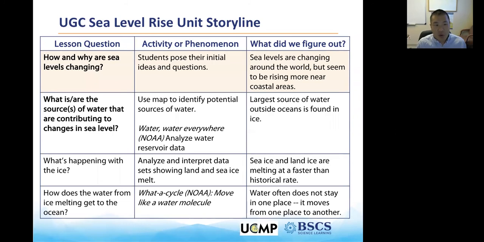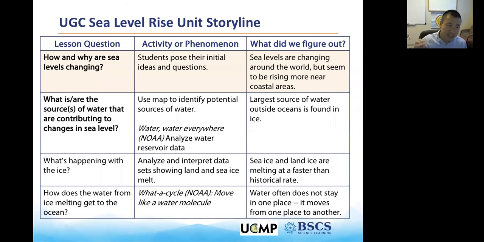To investigate that question, kids look at maps and try to identify potential sources of water that might contribute to the increased sea levels. They also look at a NOAA activity, Water Everywhere, to analyze different sources of water that might contribute. And through those activities, kids figure out that large sources of water outside the oceans are found in ice.